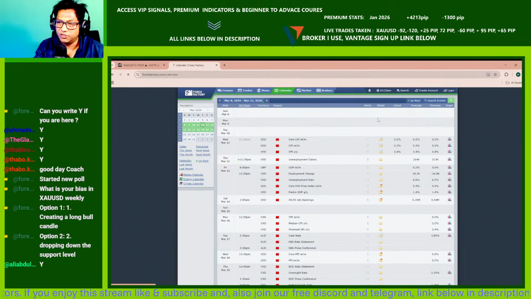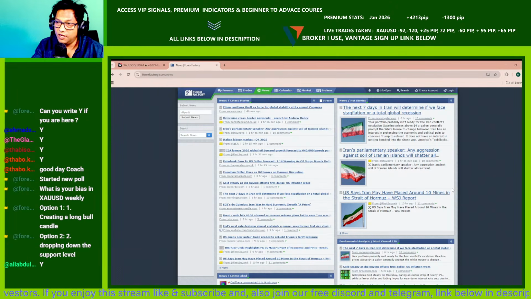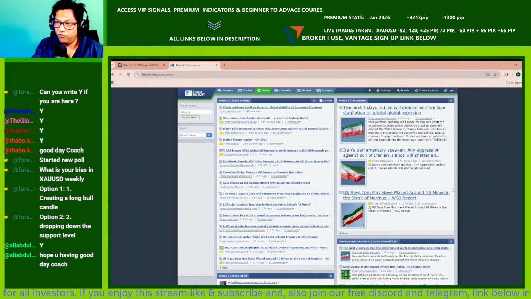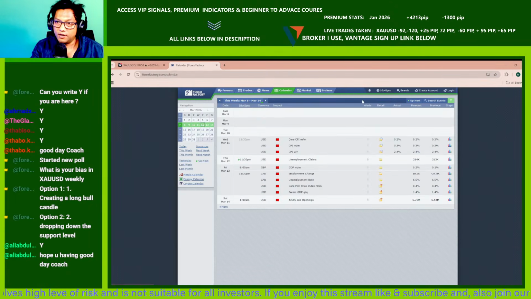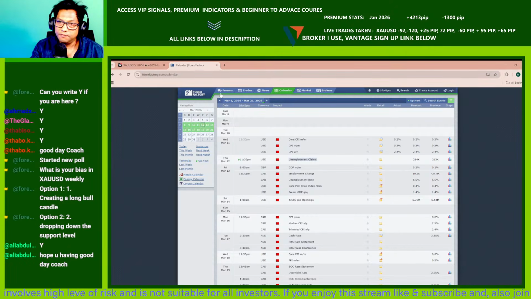Now this is the technical. Let's look at the fundamental as well as the sentiment. We can see quite a few high-impact news items. The next 7 days will determine if we face stagflation or a global recession. There are parliamentary speakers, any aggression against oil, quite a few in the yellow folder, along with the unemployment claims.